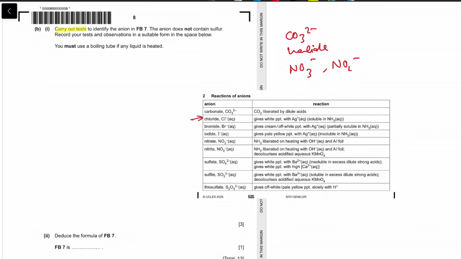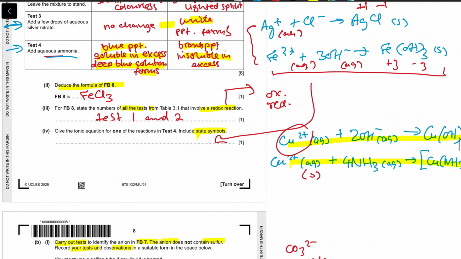Now it wants us to carry out tests to identify Fb7. And it says that the anion present in Fb7 does not contain sulfur. We must record the tests and observations made for this identification process, basically. You must use a boiling tube if any liquid is heated. So we've already established that the cation is copper 2+ ions based off of this test right here.